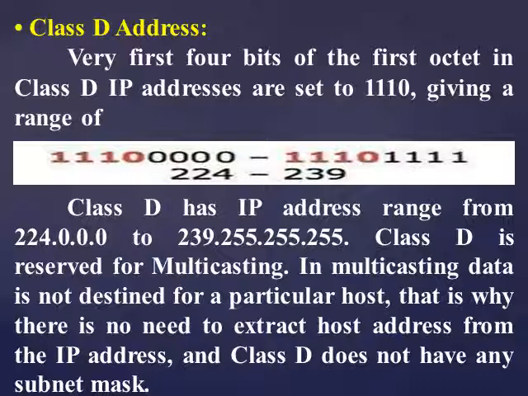Class D is reserved for multicasting, and in multicasting data is not destined for a particular host. That is why there is no need to extract the host address from the IP address, and class D does not have any subnet mask also.